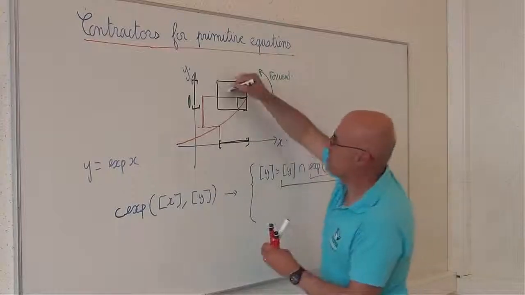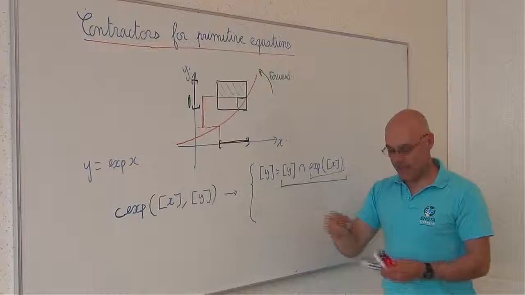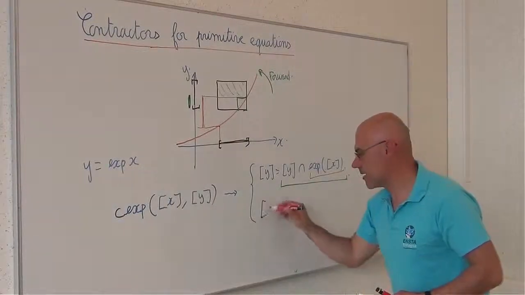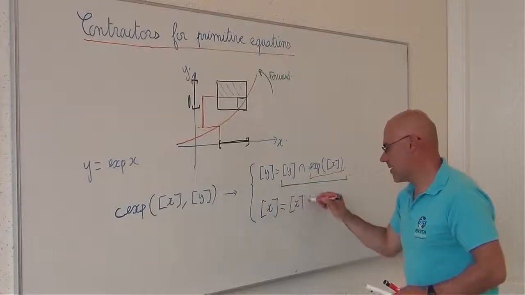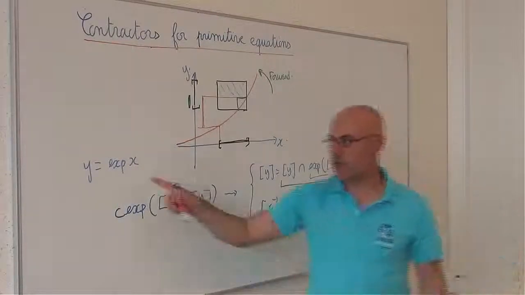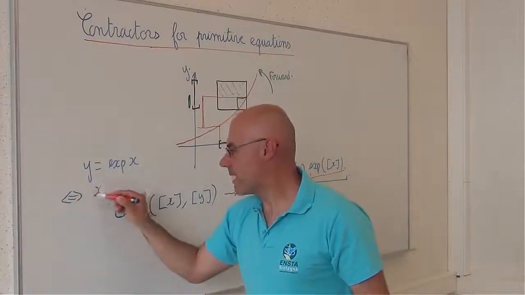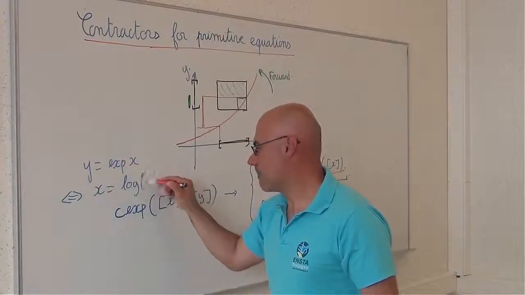And the contraction is like this. Once I have contracted y, I will contract x as follows. x equal to x intersected with, recall that I have to isolate x, equal to the logarithm of y.